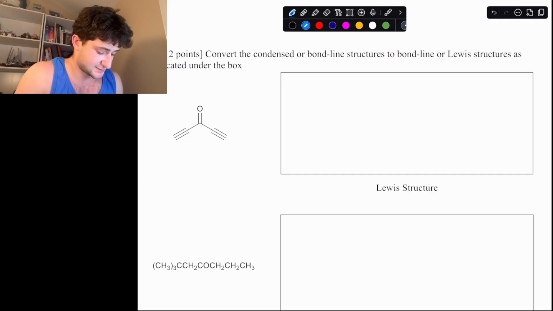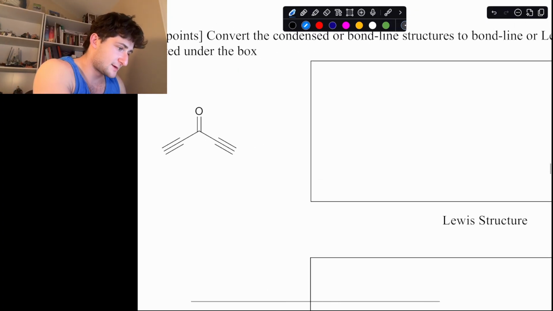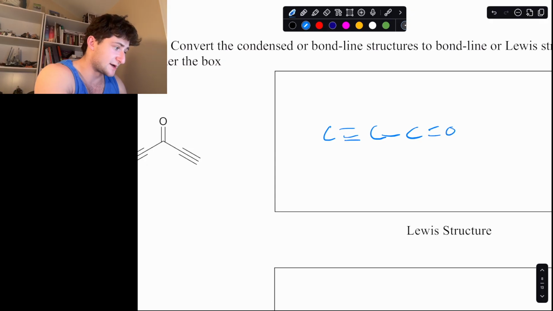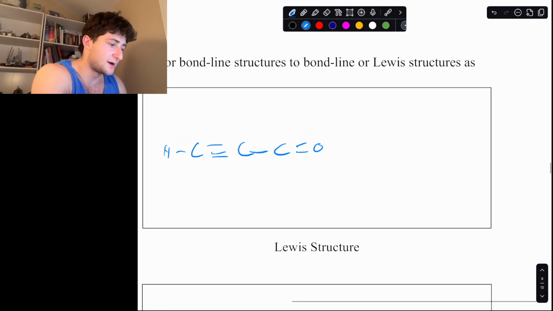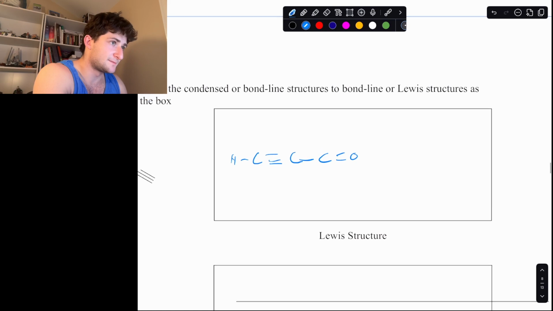It's like Gen Chem stuff. So we got, no, not even. I'll start with the carbon, triple bonded to the carbon, single bonded to the carbon, double bonded to the oxygen. You gotta remember, double bonded to the oxygen.